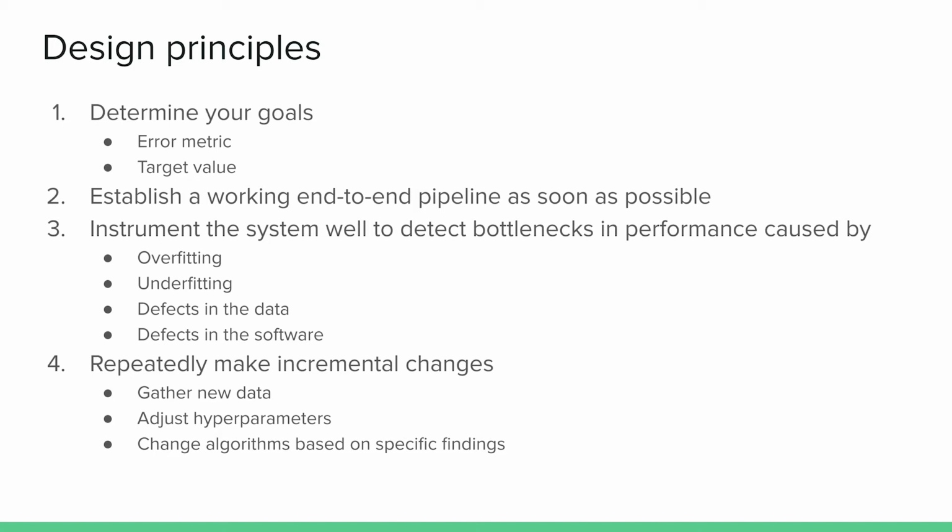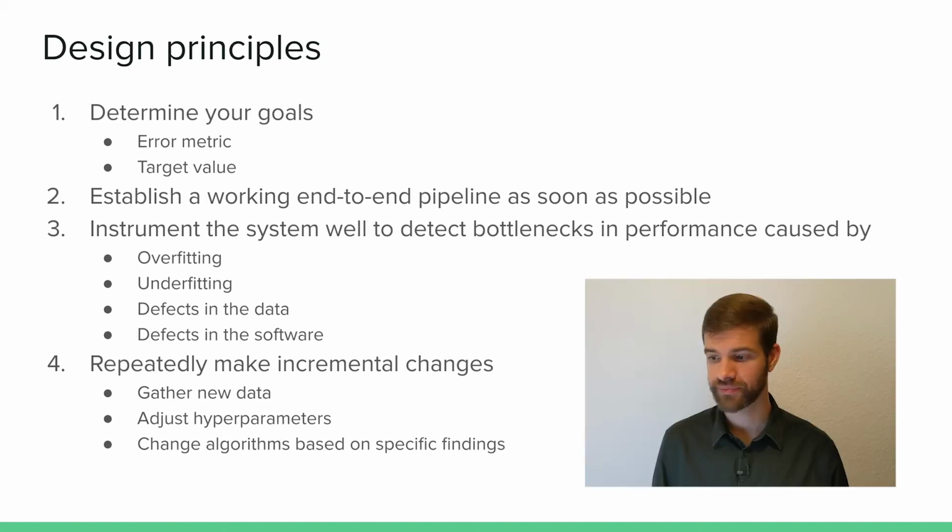If you're talking about detecting lung cancer, these target values can be significantly different from classifying cats and dogs. So you should really think about this properly and go into your domain and see what would be acceptable there and what isn't.